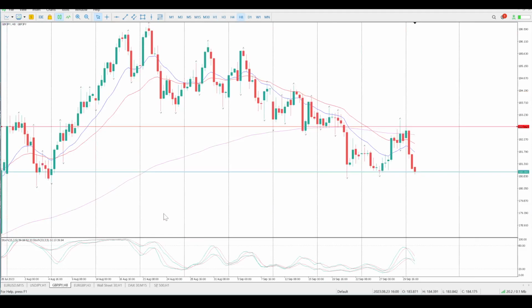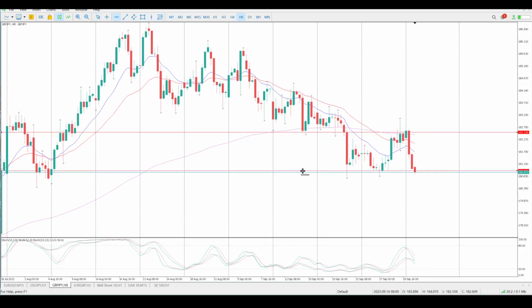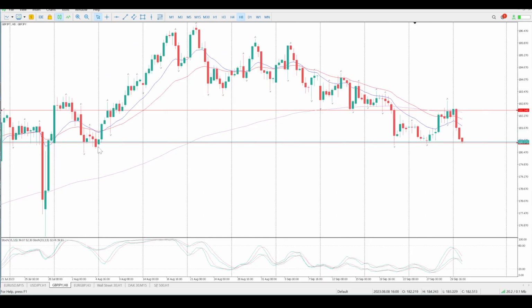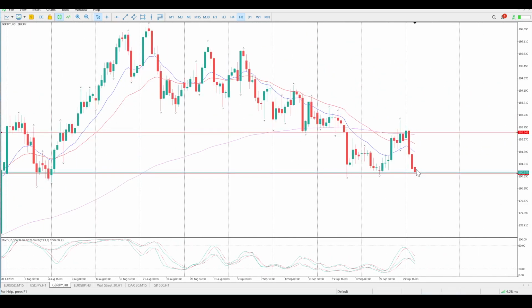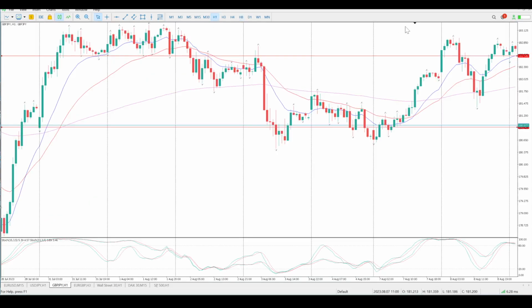Moving on to British pound Japanese yen, a similar kind of setup to the Euro USD. You can see we hovered around here in amongst moving averages and then plummeted, but we are at the bottom of the range as far as I'm concerned. Look left and you can see how strong this range is, so I'd be very cautious of jumping in short down there.